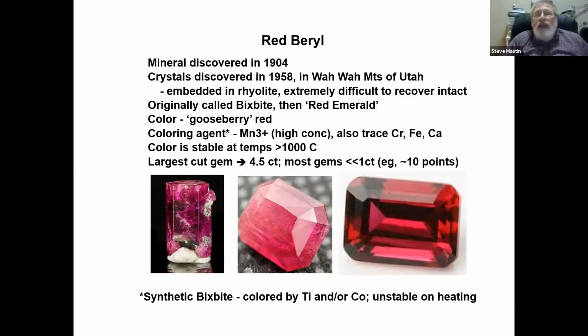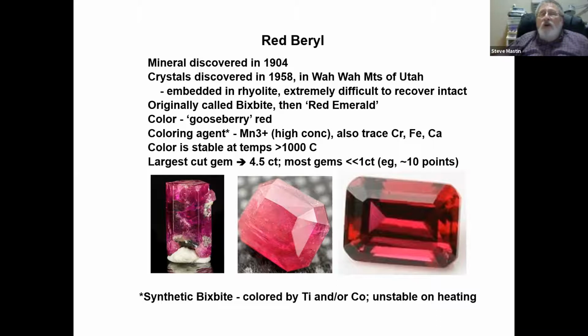On top of that, in spite of the fact that we were talking about all of these beryls being produced in pegmatites, which is a form of granite and fairly easy to get rid of, these are embedded in rhyolite. So they were formed basically at the surface, in surface magma, not in pegmatites below the surface. And that rhyolite sticks like a son of a gun.